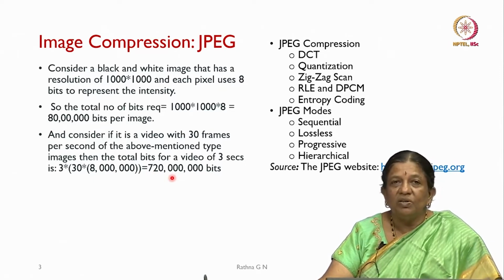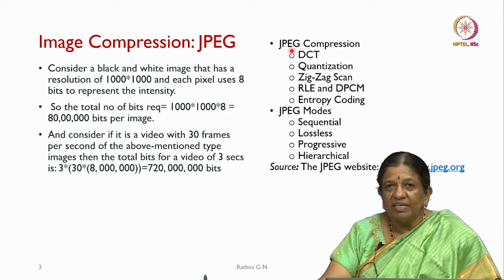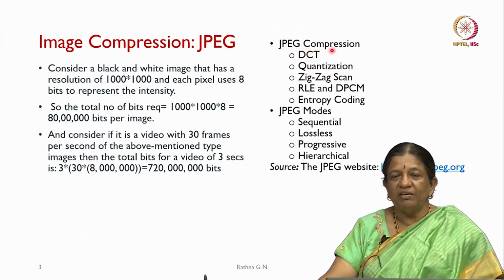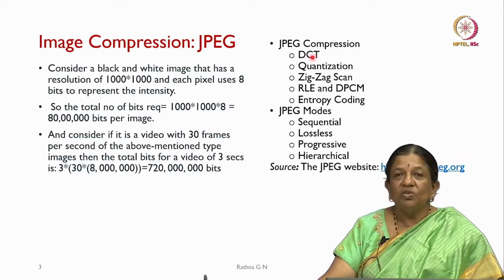For still images, JPEG compression is one of the popular ones. JPEG stands for Joint Photographic Experts Group. What are the steps involved? We need the discrete cosine transform, which is usually used for compression.